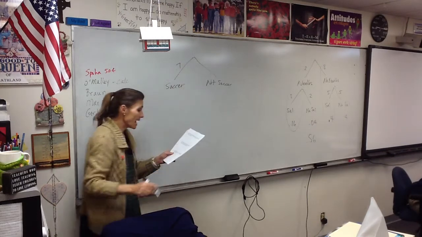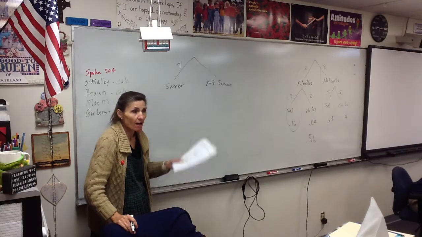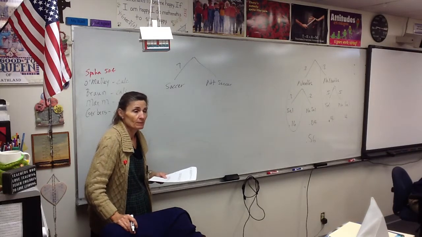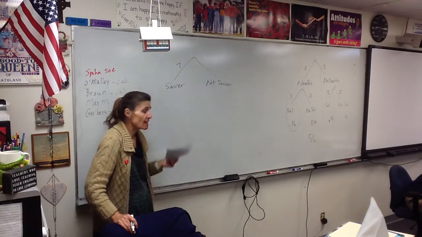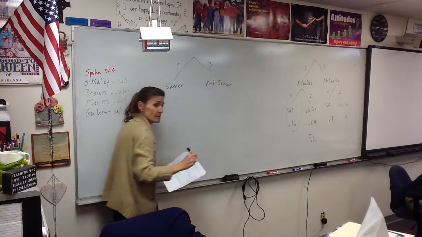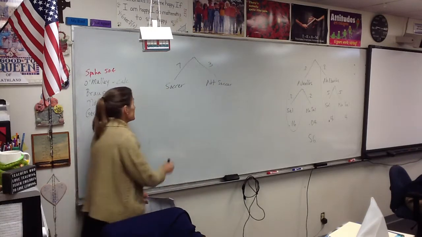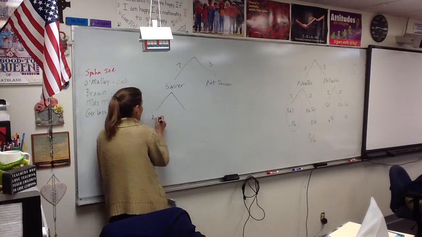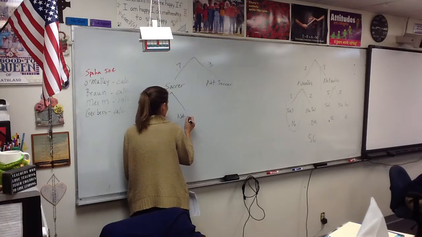You guys, the last sentence says the probability of a student playing soccer is 70%. I can't help you if you don't read. It's 70%, which means the probability of not playing soccer is 30%, because they add up to 100. Now, we're going to play lacrosse, or we're not going to play lacrosse.